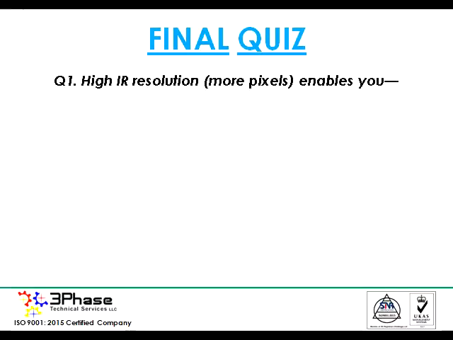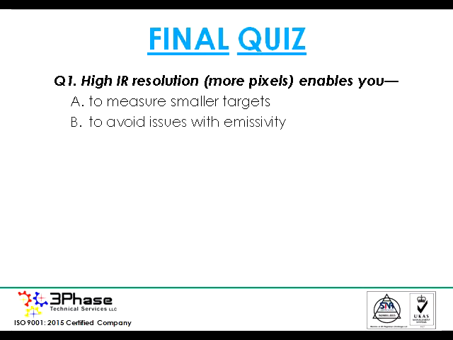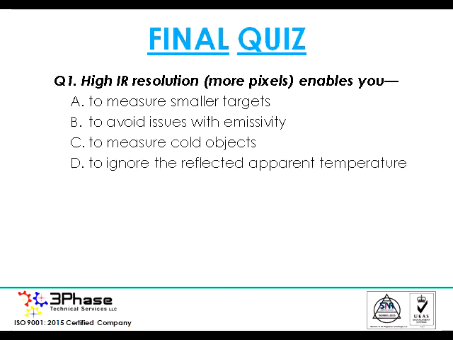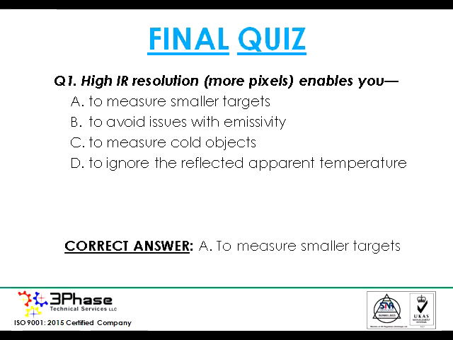High infrared resolution, more pixels enables you A. To measure smaller targets, B. To avoid issues with emissivity, C. To measure cold objects, D. To ignore the reflected apparent temperature. Correct answer is A. To measure smaller targets.